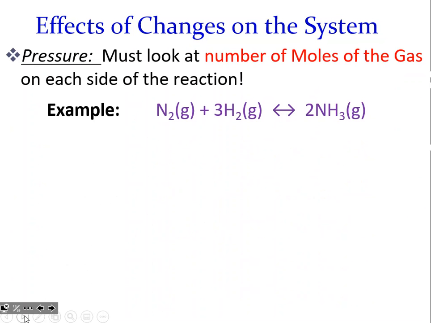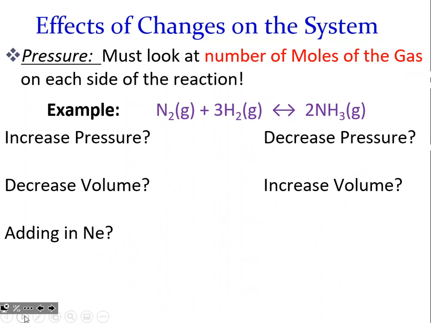Alrighty, so let's look at an example here. Must look at the number of moles of the gas on each side of the reaction. So before you even begin trying to decide any of this, the first thing you should do is count. We have 3 moles of hydrogen, we have 1 mole of nitrogen, so there's a total of 4 moles of gas on the reactant side.